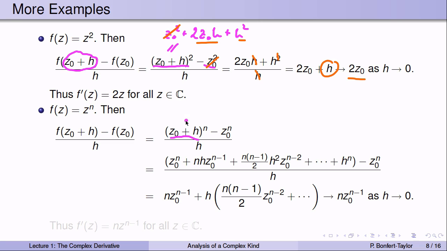Now, how do you multiply out z0 plus h to the nth power? We can do that using the binomial theorem, but we're actually only interested in the first few terms. The binomial theorem says that this is equal to the sum of n choose k times z0 to the k times h to the n minus k, and this runs from k from 0 to n.